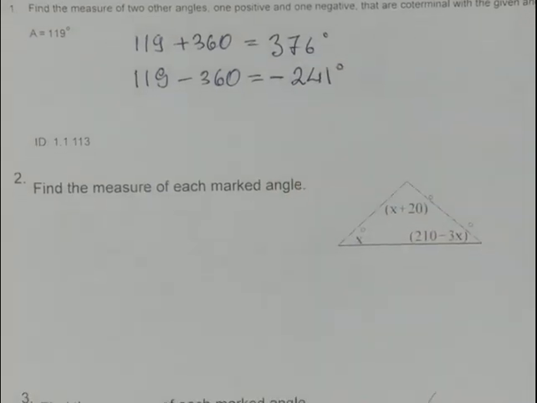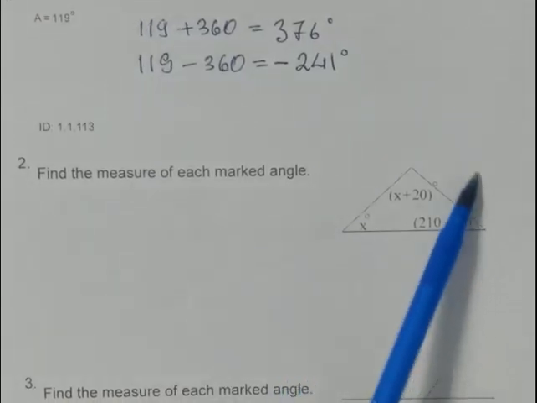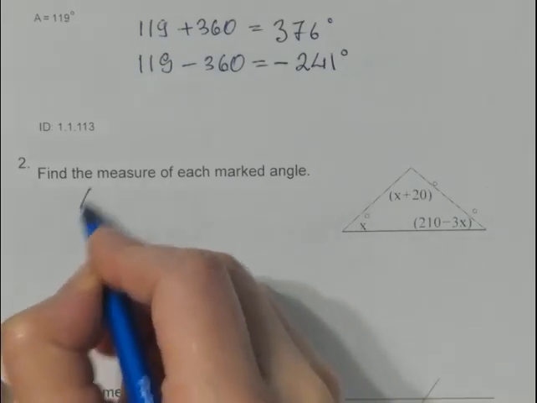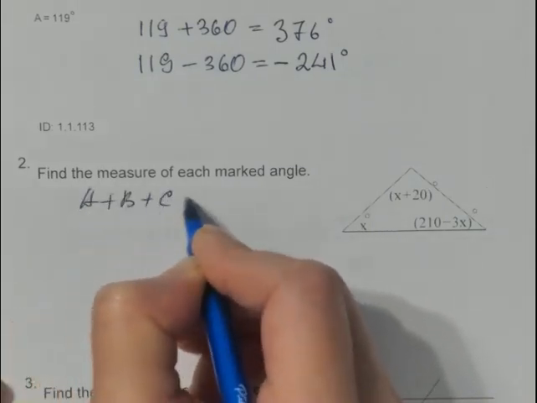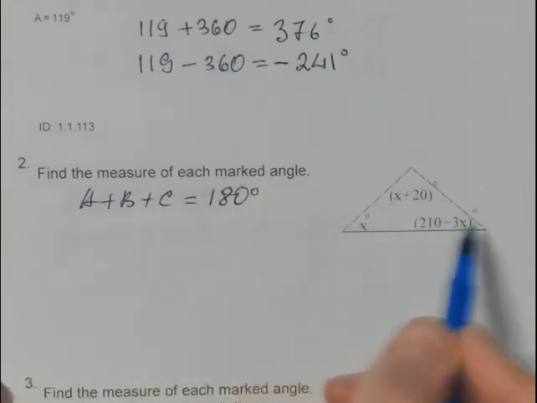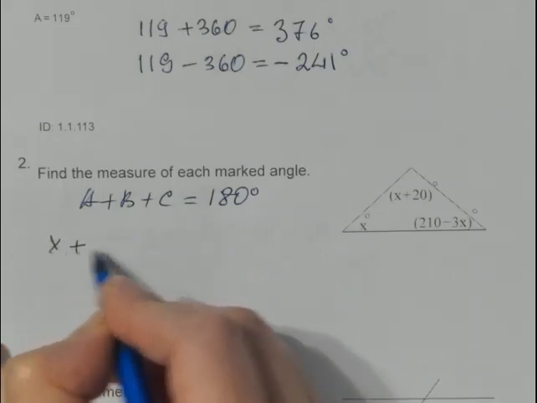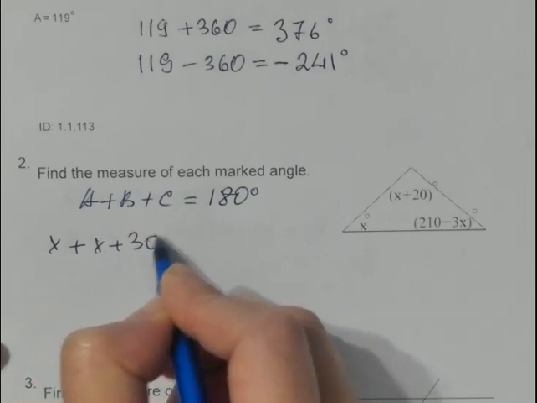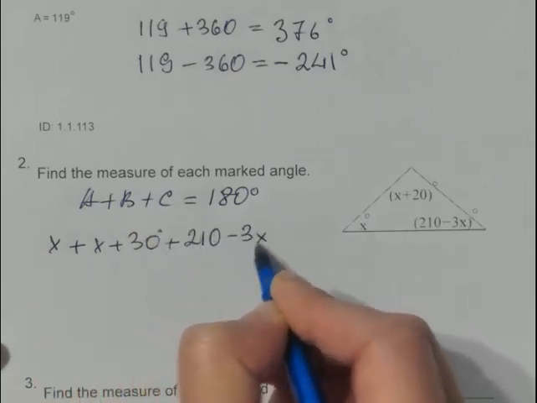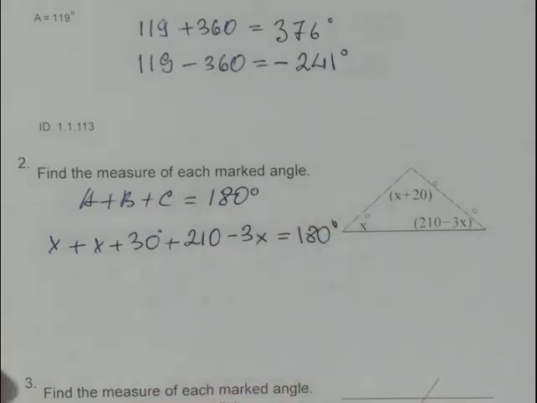Next problem, find the measure of each marked angle. So we have a triangle, and we know that the sum of the angles of the triangle, A plus B plus C, is always 180 degrees. So A, B, and C are given in terms of x: x plus 30 plus 210 minus 3x must be equal to 180.